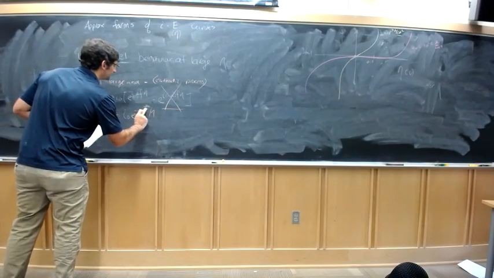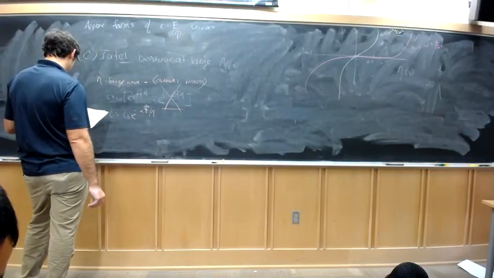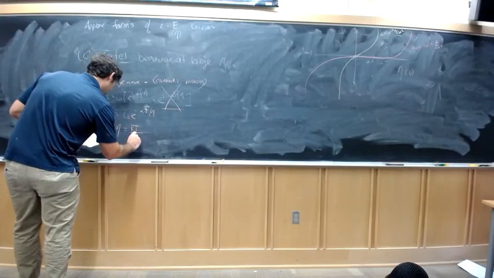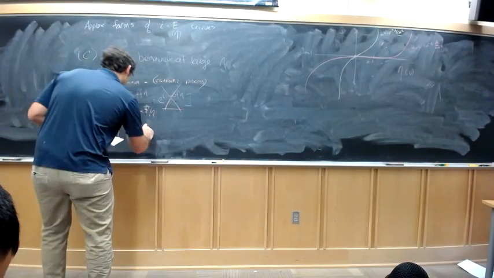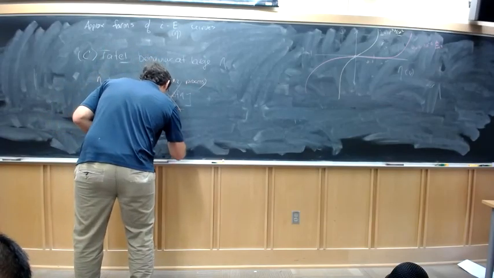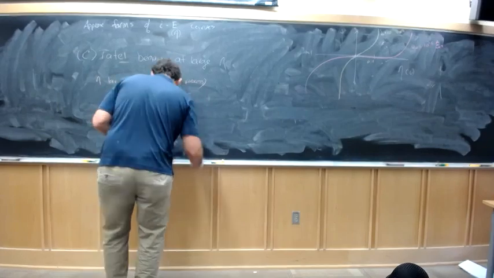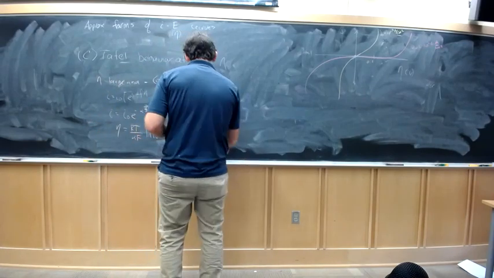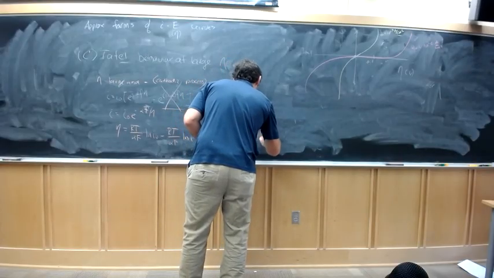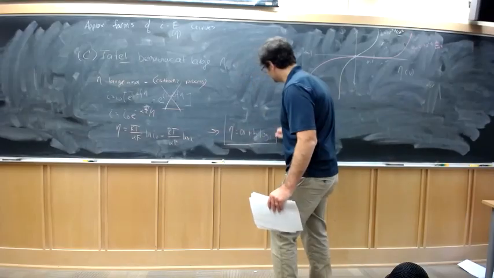Right? F eta. Or eta equals RT over alpha F ln I naught minus RT over alpha F ln I. Or eta equals A plus B log I. Okay, so this is the Tafel equation.